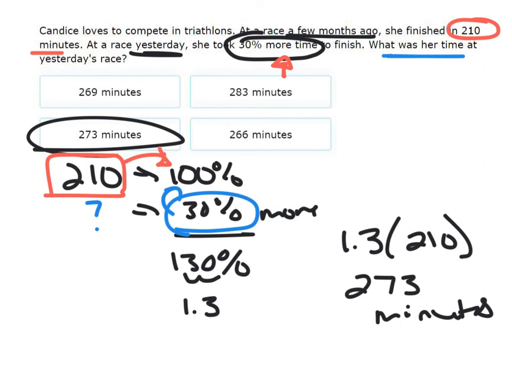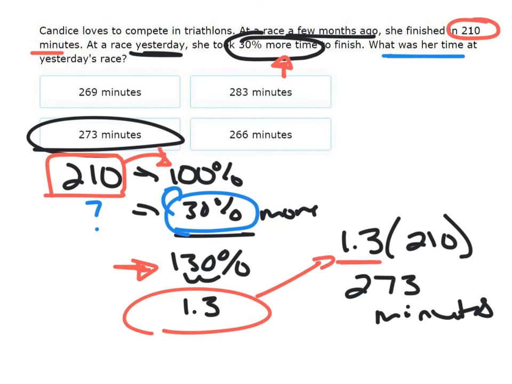Once I get my total percent, again, my percent of change was 30%. It increased that 100% by 30% more. I convert that to the decimal and then take this value and multiply it back to the original value because it's 130% or 1.3 of that original value, and I get my solution.